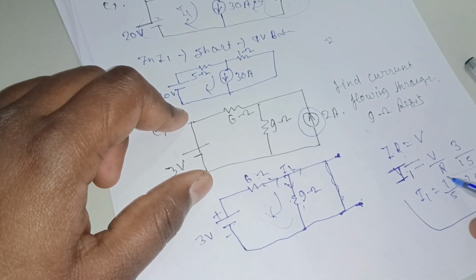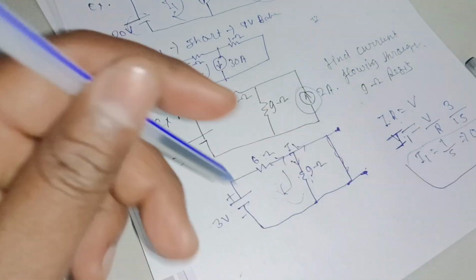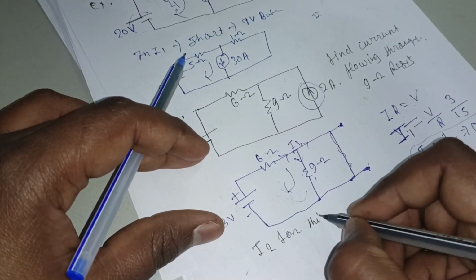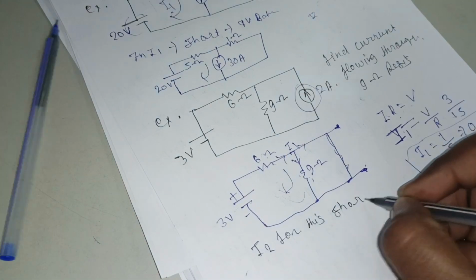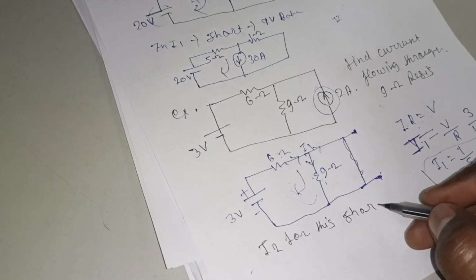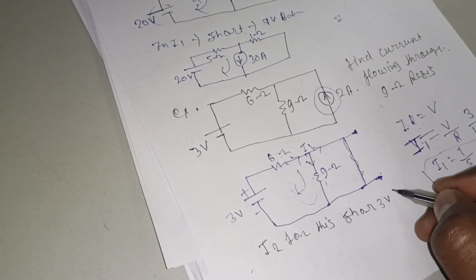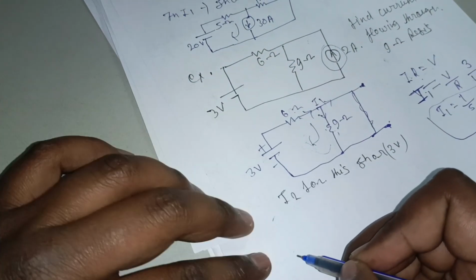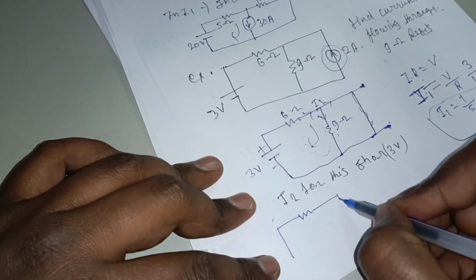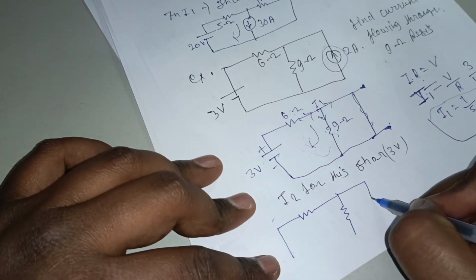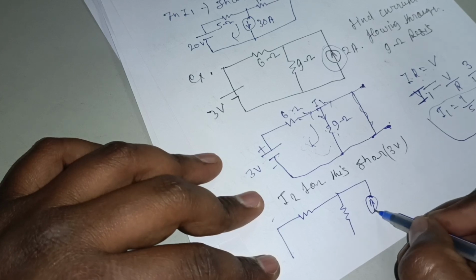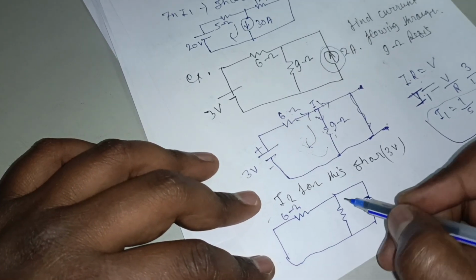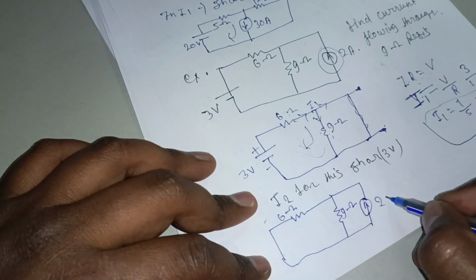Okay, same way we will find I2. For this, short the 3 volt. After shorting the 3 volt, what we will see: 6 ohm, 9 ohm, 2 ampere.